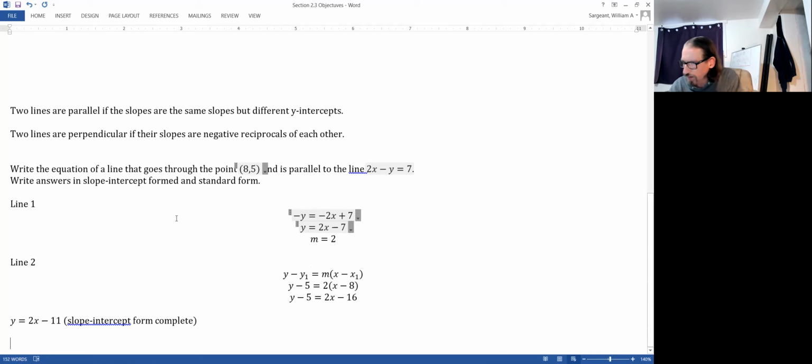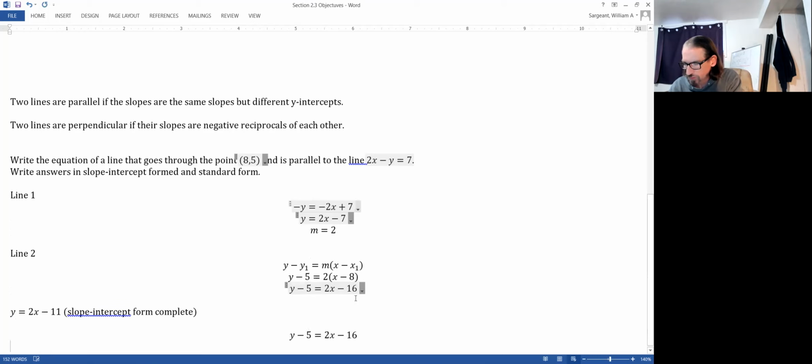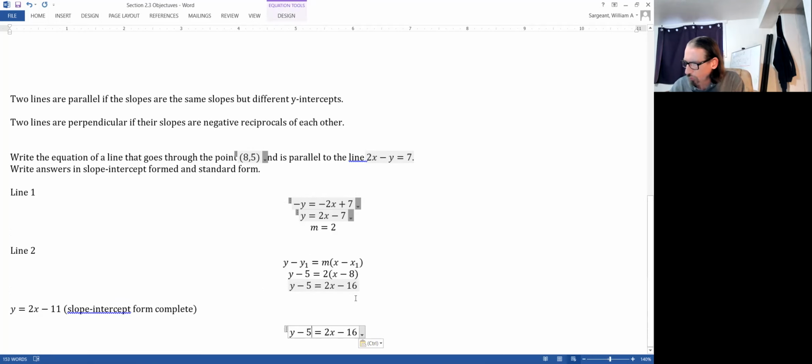And then I could go back to this. Since I want, in standard form, the coefficient of x to be positive, I'm going to subtract y, get rid of it from this side, and add 16 to both sides. I can get it to copy.